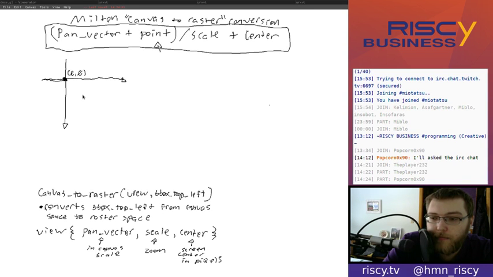And now we want to know, well, let's draw a view in this space first of all. So I'm going to put some markings here just so that we have a scale.